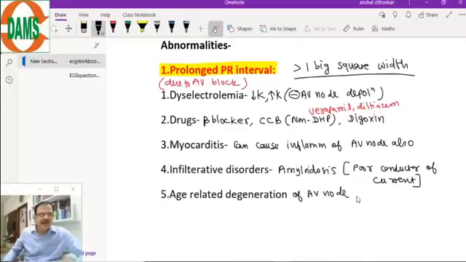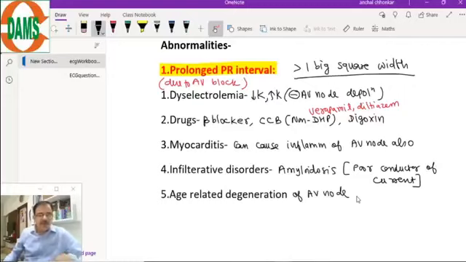So these are the important causes of the AV blockage. Yes, any drugs which lead to AV node conduction inhibition, they will be responsible for prolonged PR interval. DHP type of calcium channel blocker is nifedipine and amlodipine.